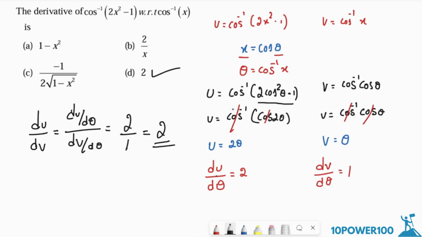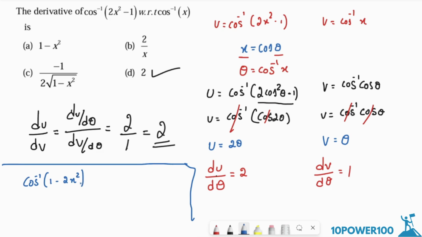Now I want you to solve this question. Very simple. So the same strategy you will have to follow. The question is find the derivative of cos inverse of 1 minus 2x square with respect to cos inverse of x.